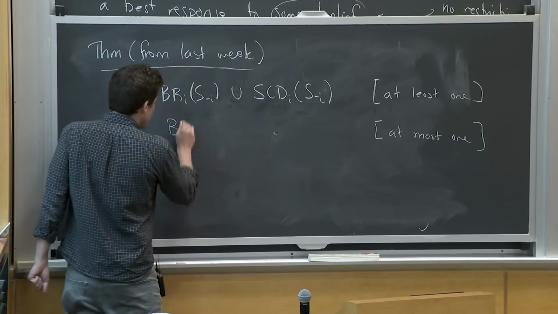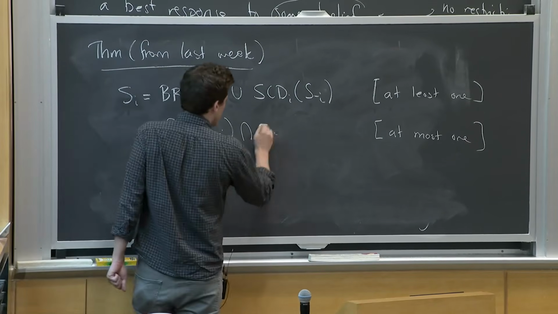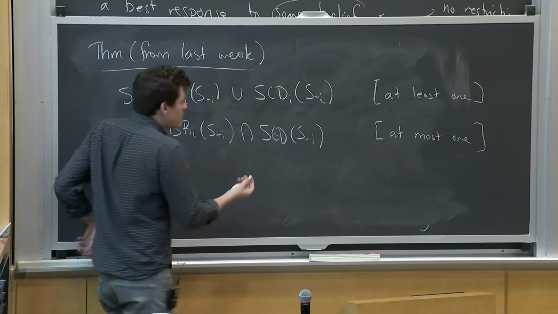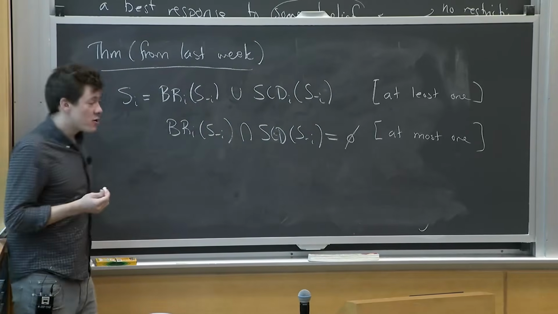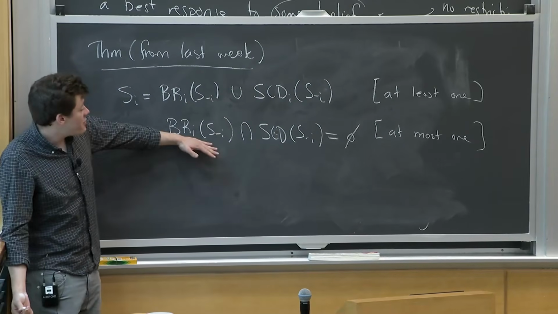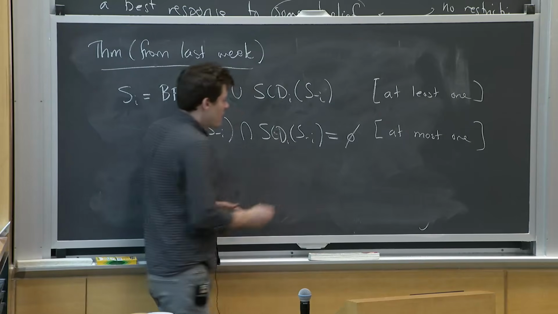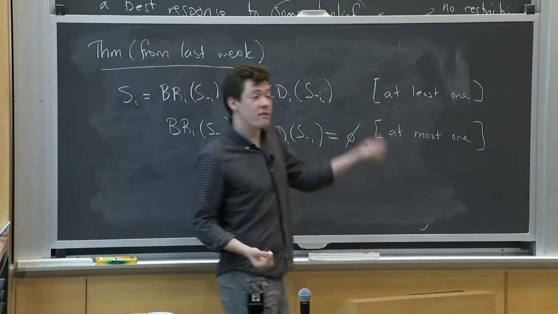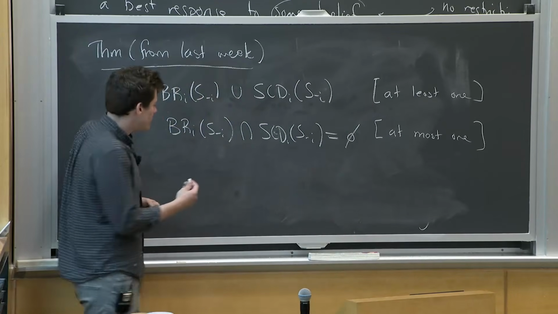So what that means is Bri of S negative I intersection SCDi of S negative I is empty. And the math notation for that, I'll just write this. Again, this is a collection of strategies, and this is a collection of strategies. All this notation says in math is that no strategy is in both of these sets. The intersection of these two sets is empty.